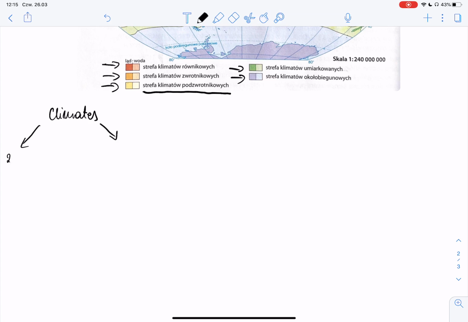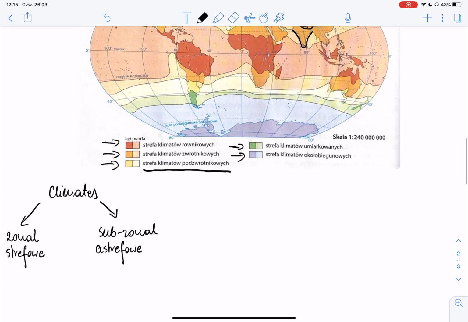We have zonal climates, czyli klimaty strefowe, and subzonal, which are po polsku klimaty astrefowe. It turns out that the absolute height above sea level of some areas is extremely important in terms of determining what climate we have.